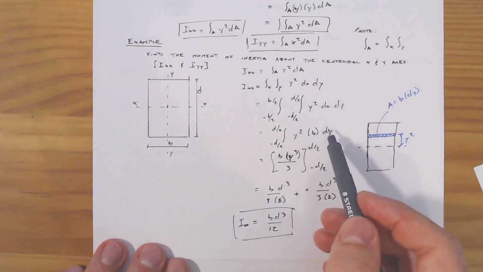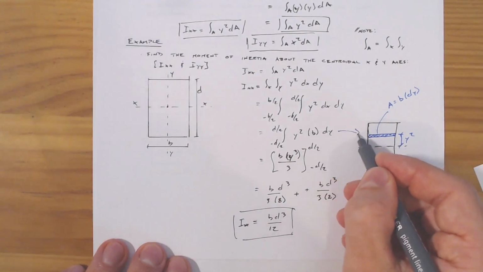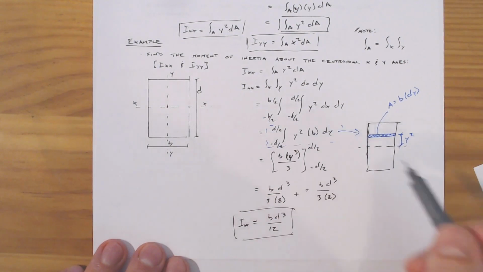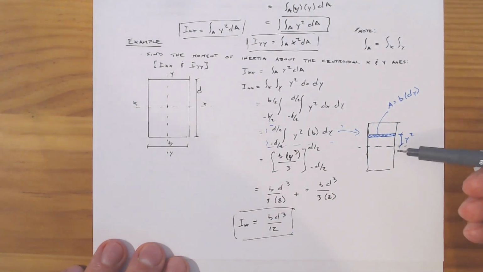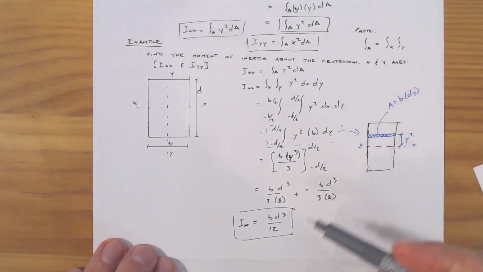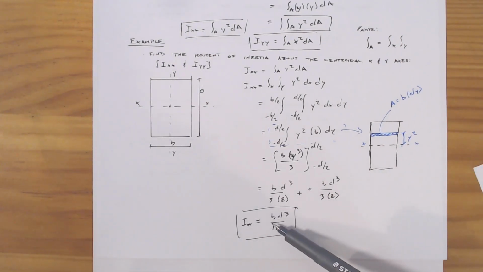That's all this equation is showing. We do that all the way up and all the way down from the x-axis, and if we do that, we work out that we have this moment of inertia, bd cubed over 12.